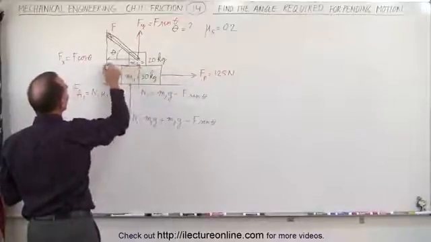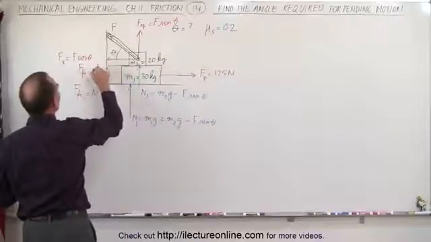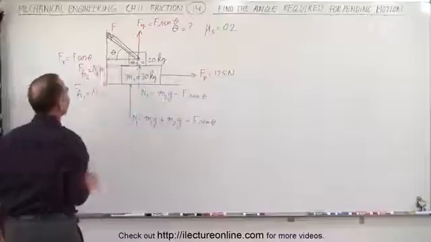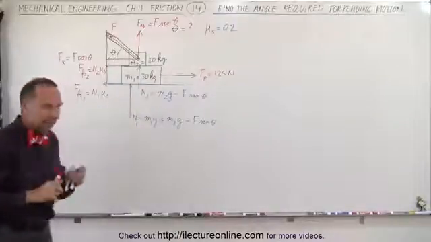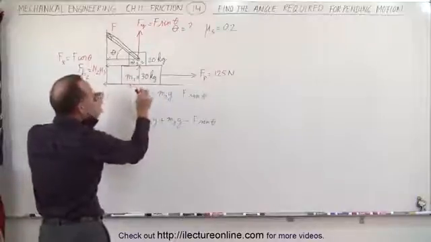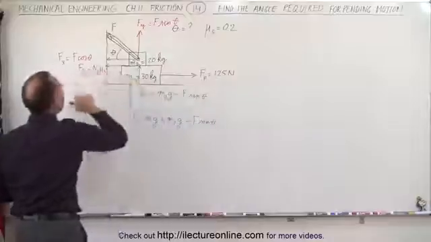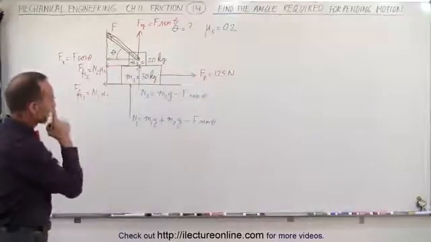And then a second friction force, friction 2, which is N2 times mu sub s. At the point where the block M1 is just about ready to start moving, this force right here is going to be equal to the sum of these two forces.